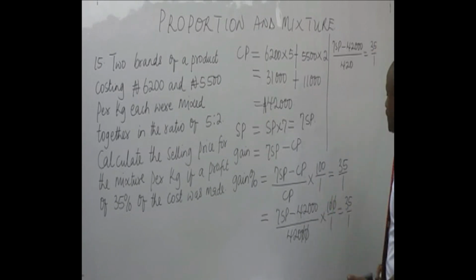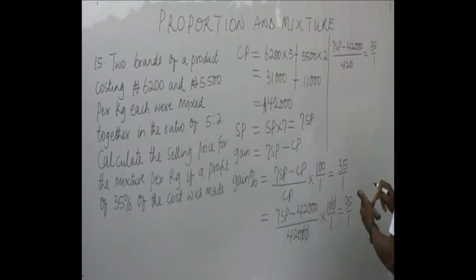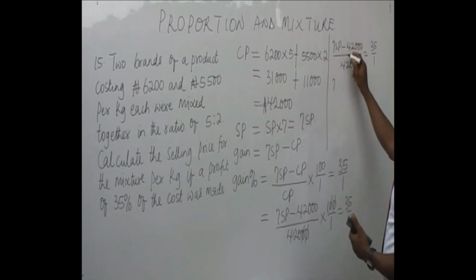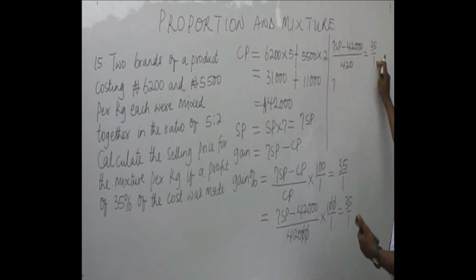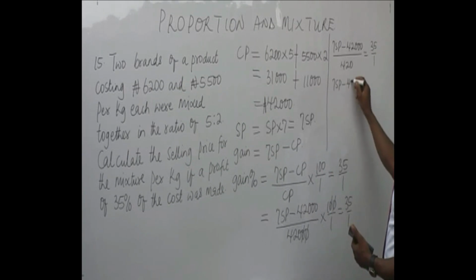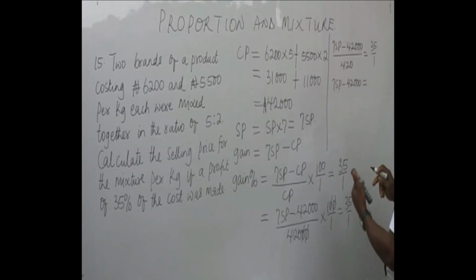That's the meaning of this. We can cross multiply. We have 7 SP minus 42,000 times 1. It will give us 7 SP minus 42,000. It's going to be equal to 420 times 35.